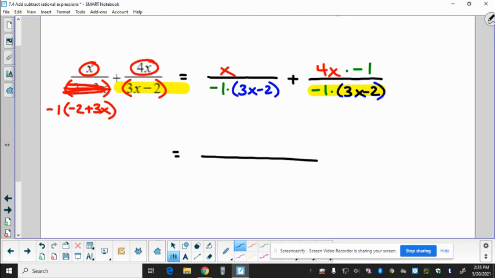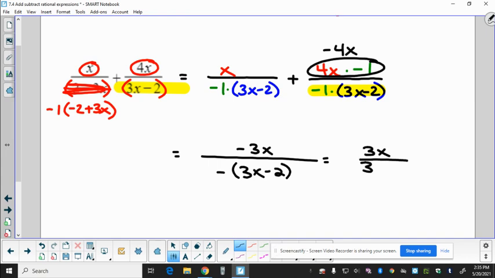It looks like my denominator is going to be -3x minus 2. This up here is essentially -4x, isn't it? So it's a -3x up here, and I think we would be wise to cancel out those two negatives and say that is our most simplified answer.